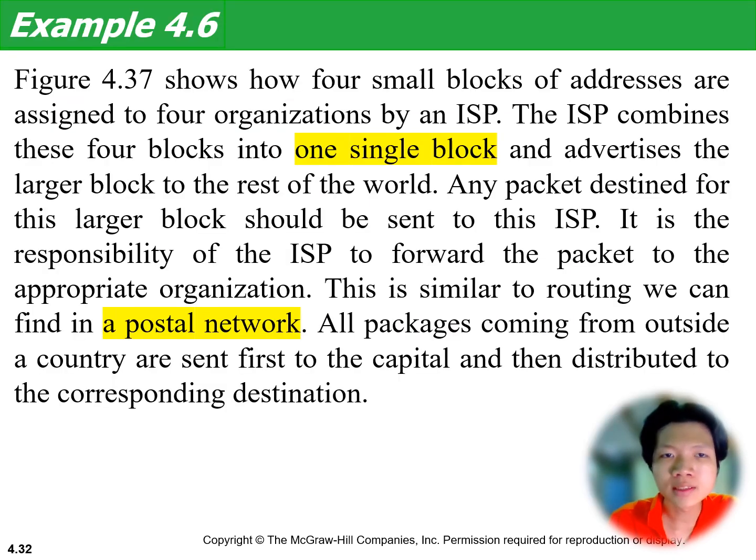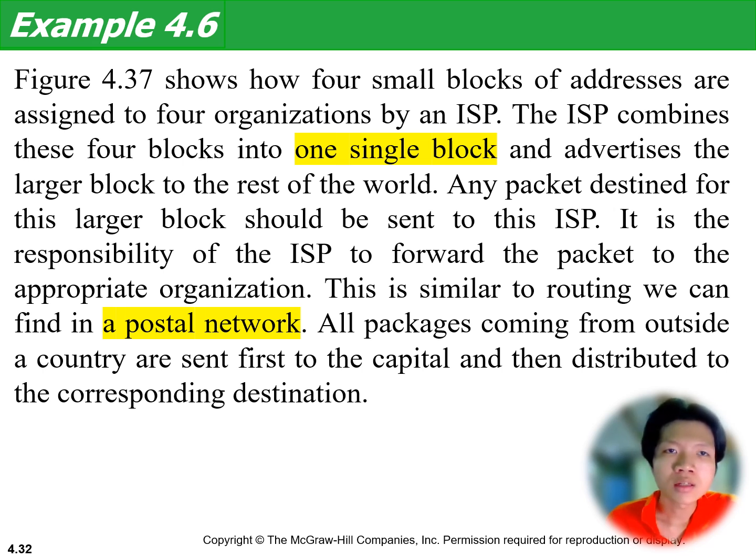Example 4.6. Figure 4.37 shows how 4 small blocks of addresses are assigned to 4 organizations by an ISP. The ISP combines these 4 blocks into one single block and advertises the larger block to the rest of the world. Any packet destined for this larger block should be sent to this ISP.